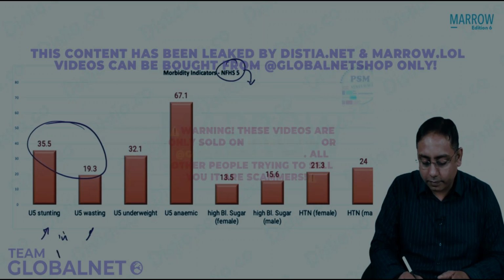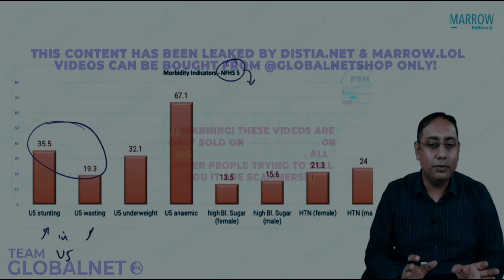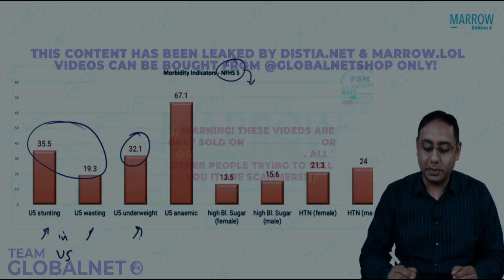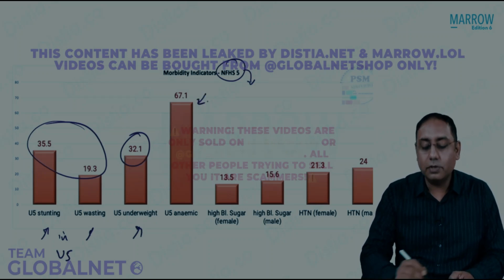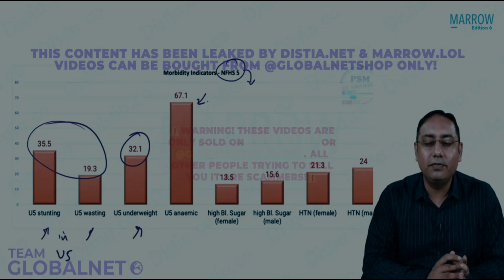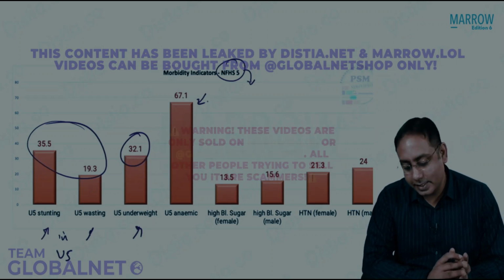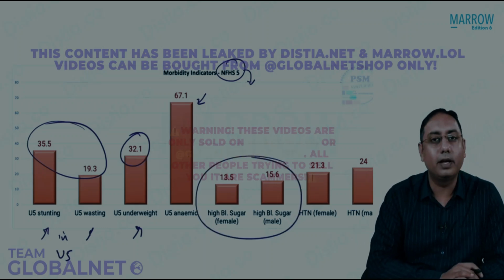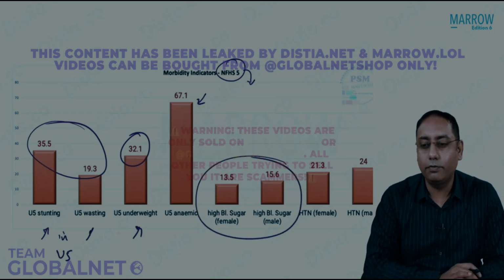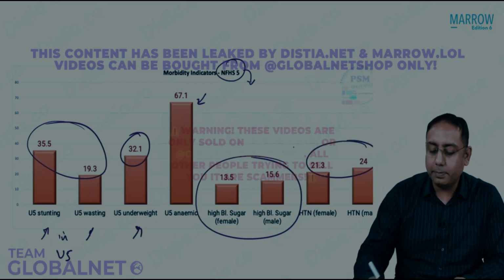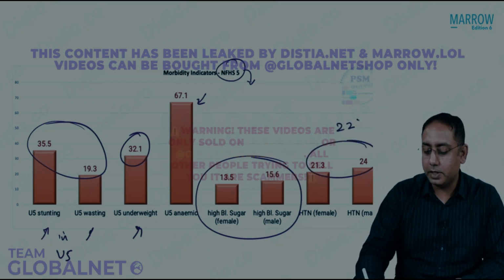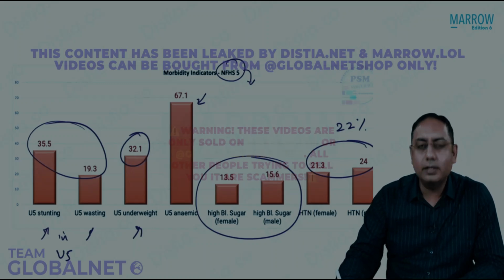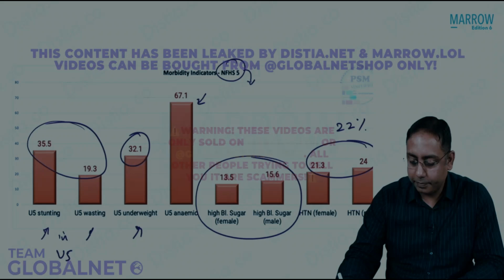The average underweight child in India is 32%. The prevalence of anemia in children less than 5 years is a whopping 67%, whereas diabetes mellitus in males and females is around 13 to 15%. And hypertension averages 22%. So these are all the morbidity indicators, the latest updated data.